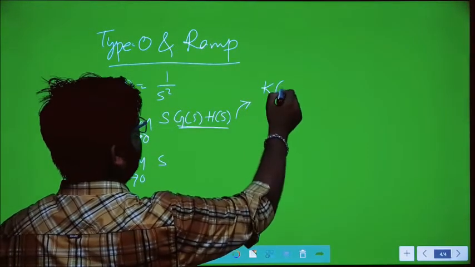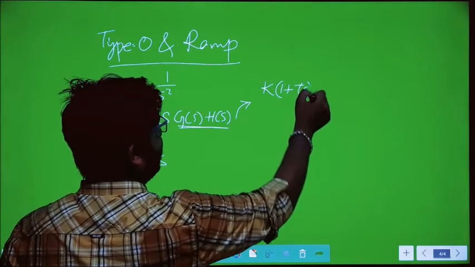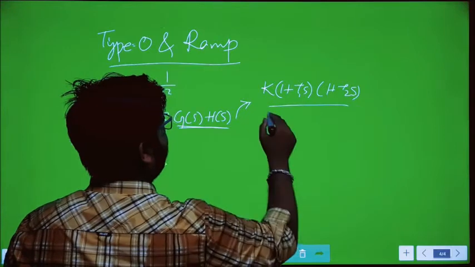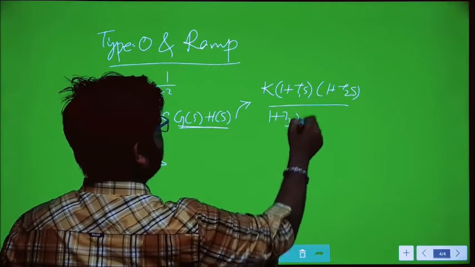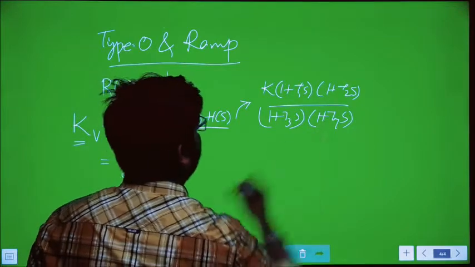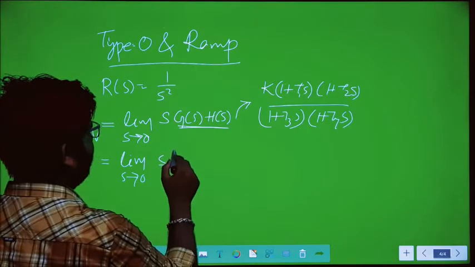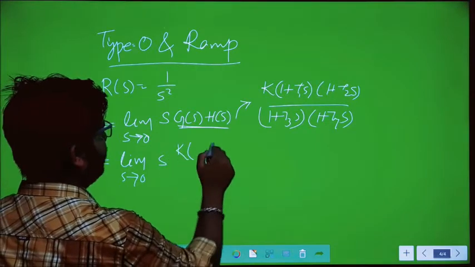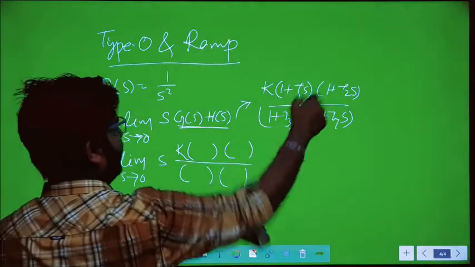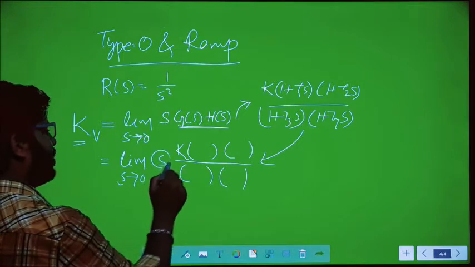The transfer function will be (1 plus t1s) into (1 plus t2s) divided by (1 plus t3s) into (1 plus t4s). We have seen this, and once you apply it here, we find some constant K into this value divided by this value. So just take it here, and you can find that whenever s is at the numerator.